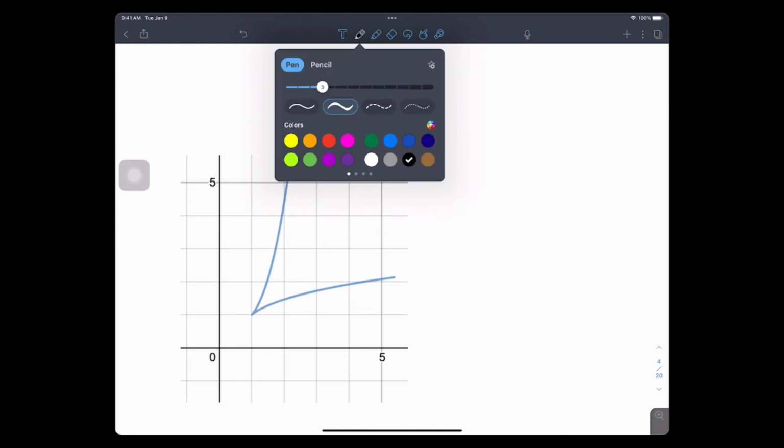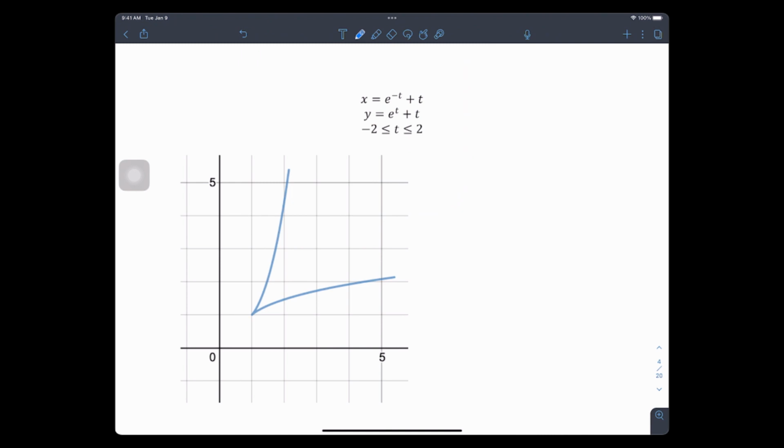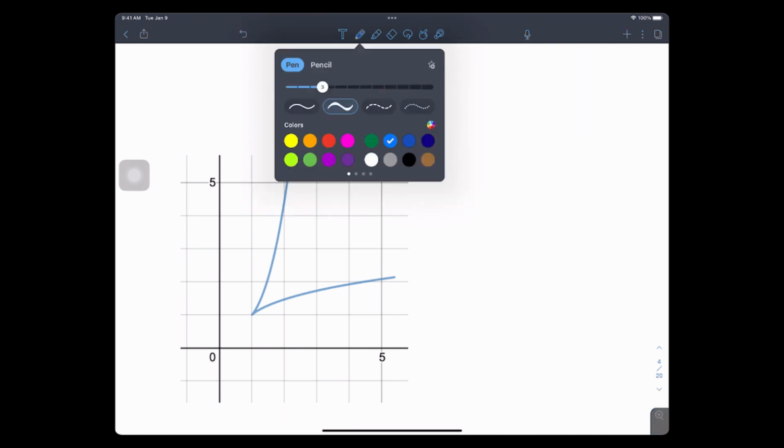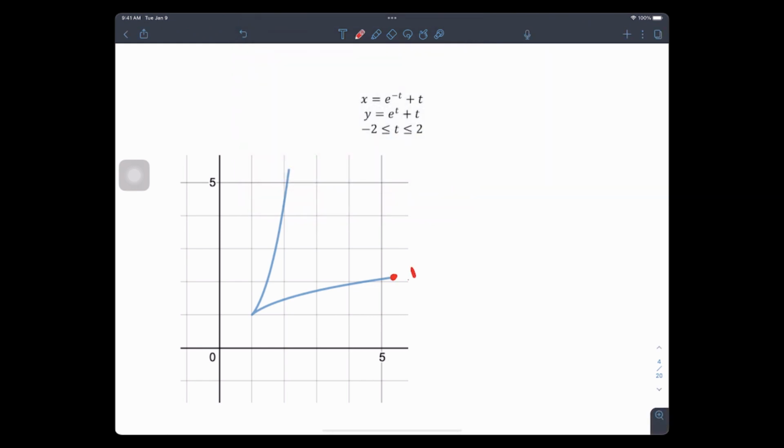How do we get the initial point? You plug in the value for t of -2 and find where it starts. So if I plug in -2, e squared is about 7. So it looks to me like my initial point might be over here.